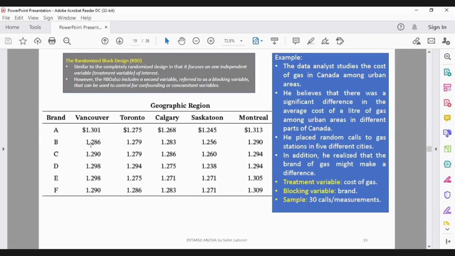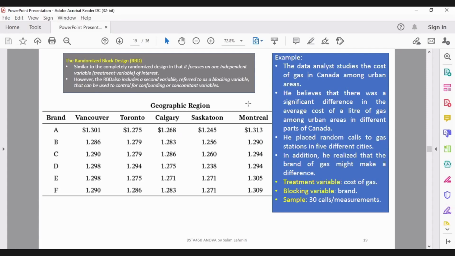so for the treatments, we need to check if the mean of Vancouver is equal to the mean of Toronto, is equal to the mean of Calgary, is equal to the mean of Saskatoon, is equal to the mean of Montreal. This is for treatments.